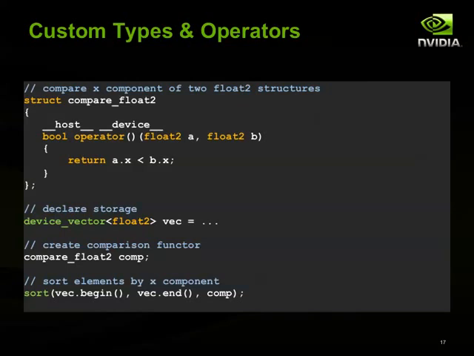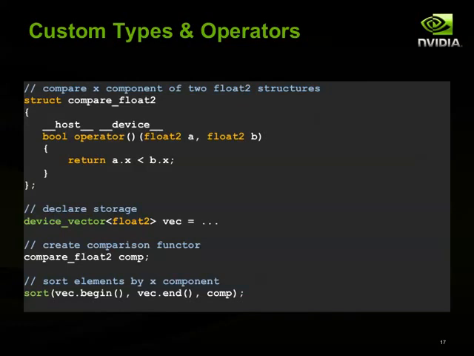If you can make sense of this internal thing, make a host device function that computes the thing or does the comparison, then you can use it within Thrust. The limitation is you can't call things in the standard library, like you can't call strcmp from the C library, which is kind of annoying because you end up writing your own versions of those sometimes. But for simple things like this or basic mathematical operations, there's usually a CUDA version of it available already.